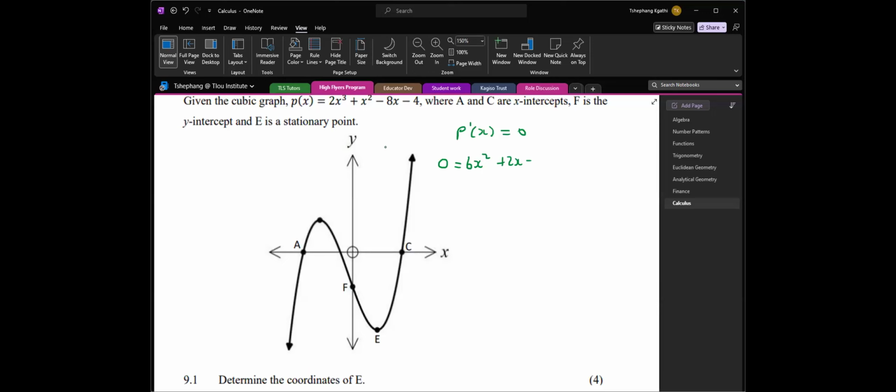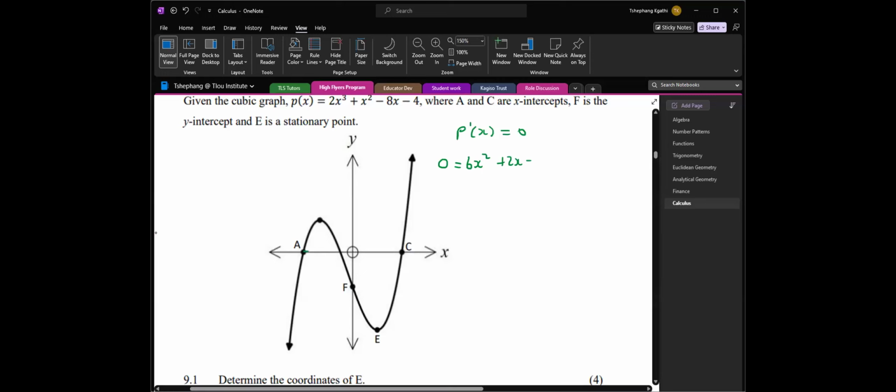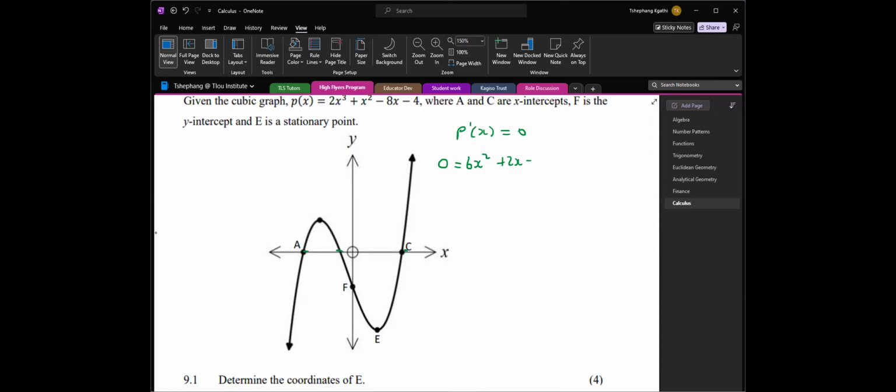So find your intercept. This is very important: your x-intercept. After finding your x-intercept, go for your turning points. After finding your turning points, then go for the point of inflection and the y-intercept. Once you have all those things, all you're doing is joining them and also looking at your a value.